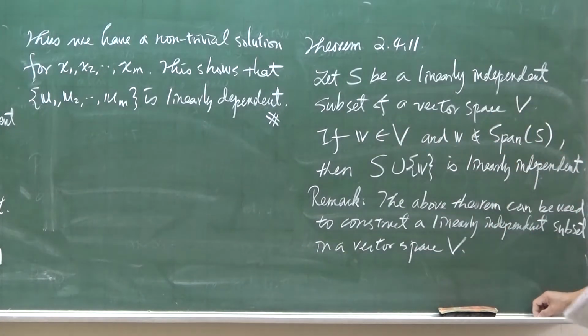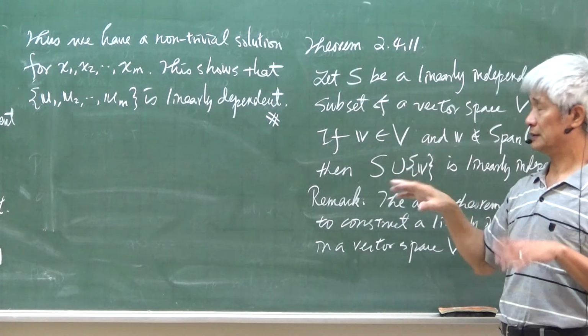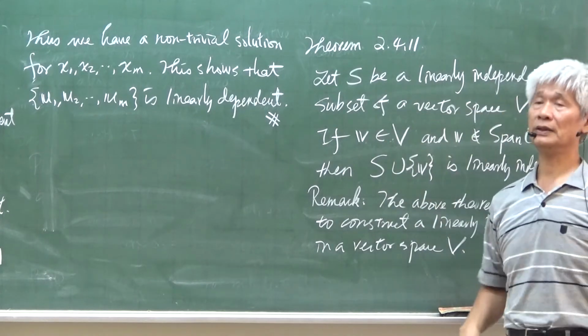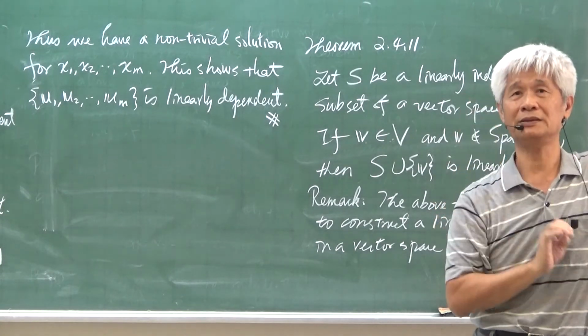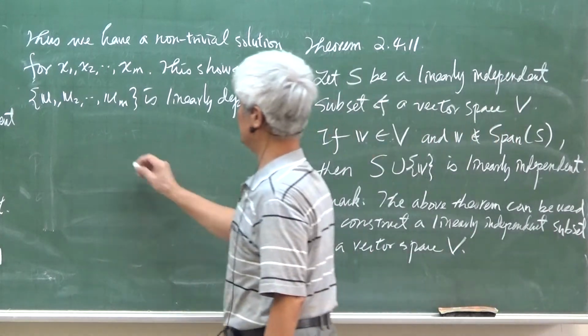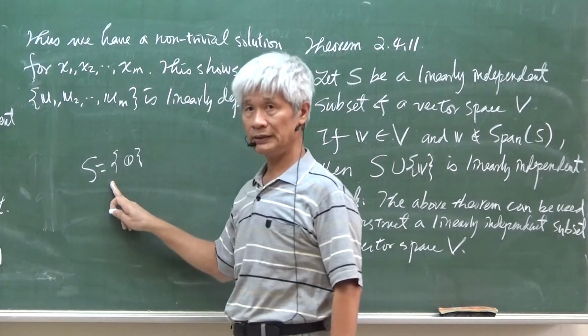So first of all, you can pick up a non-zero vector, because if we pick up a zero vector, this zero vector should be linearly dependent. If S is the set of the zero vector, then it's linearly dependent.